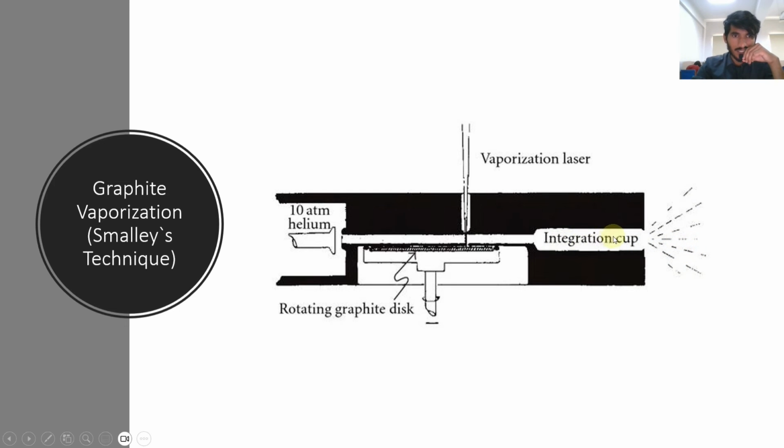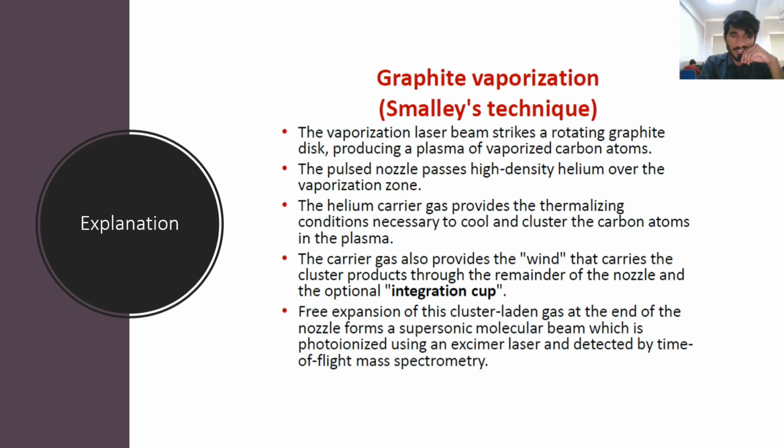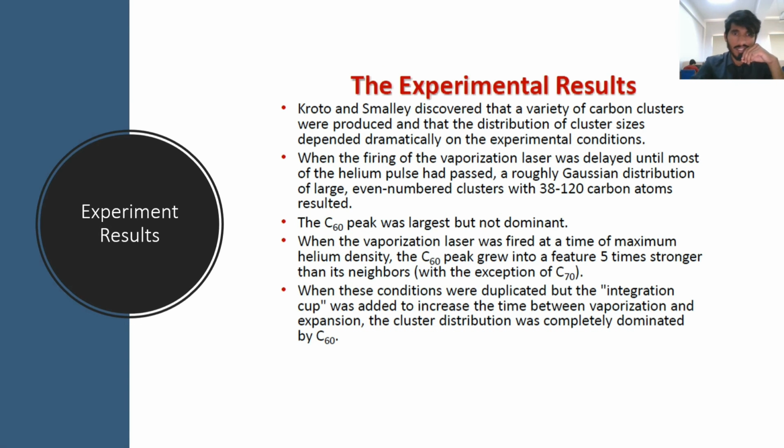So what is the result of this added time? When the integration cup was added, the cluster distribution was completely dominated by C60.